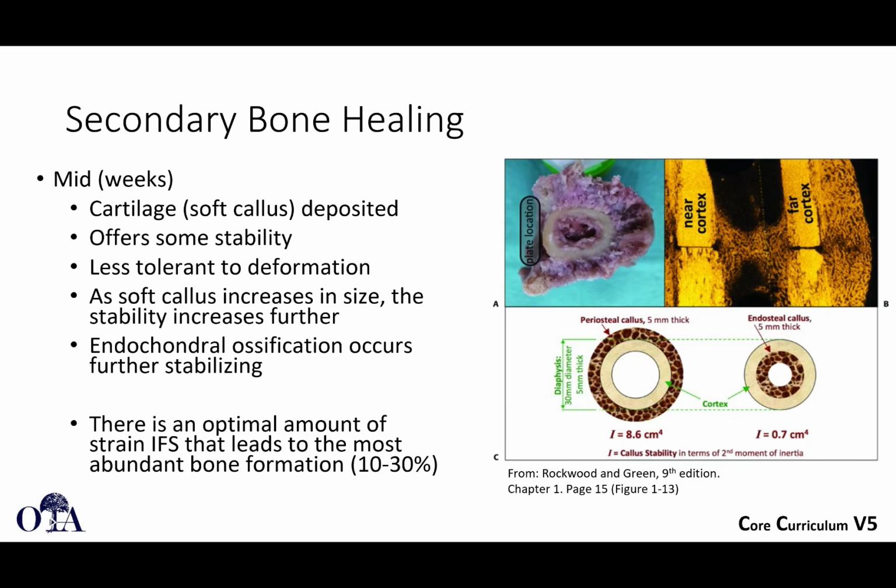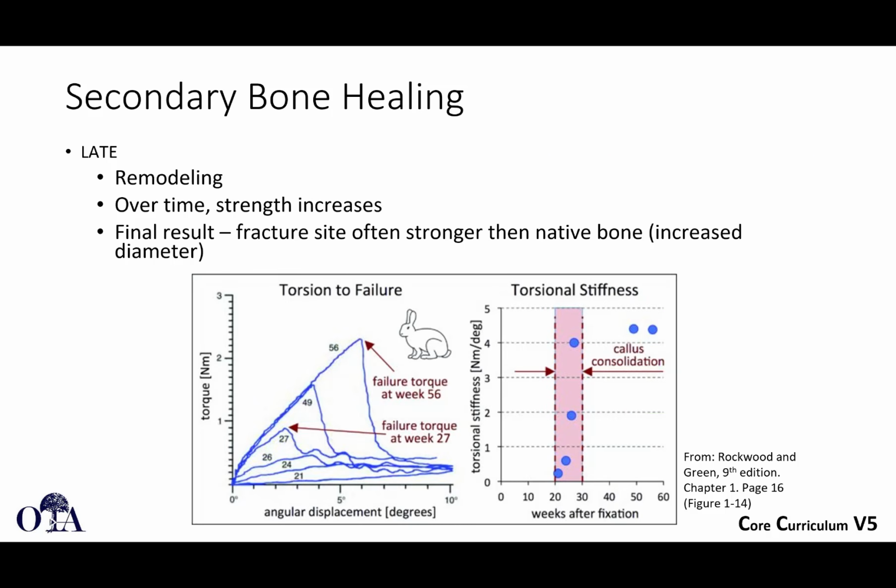It offers a little bit of stability. It's less tolerant to deformation, and as that gets bigger the stability increases, and a patient will often feel this if it's in a location that's palpable. And then endochondral ossification occurs, further stabilizing the bone and forming that radiographic callus that you'll see.